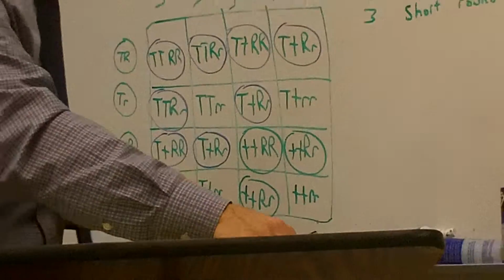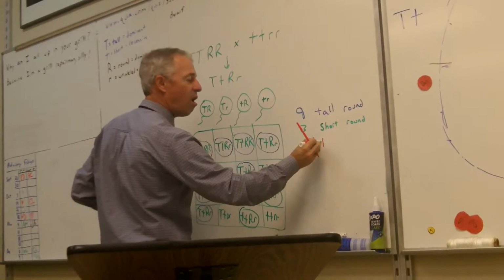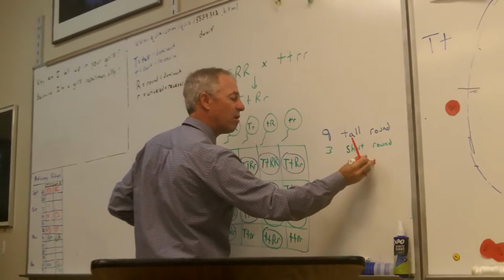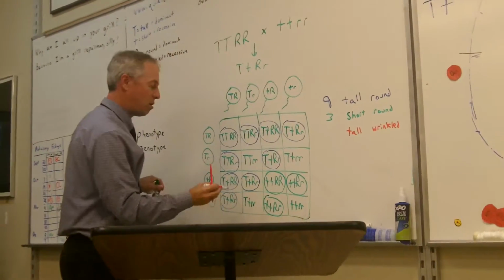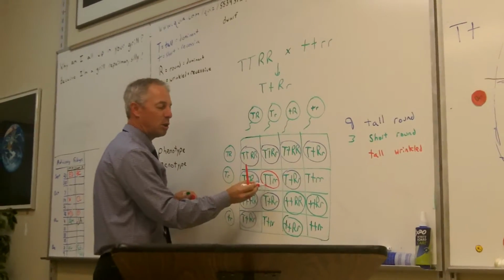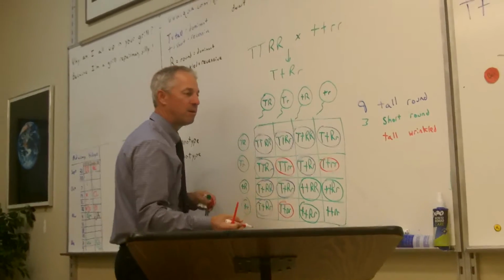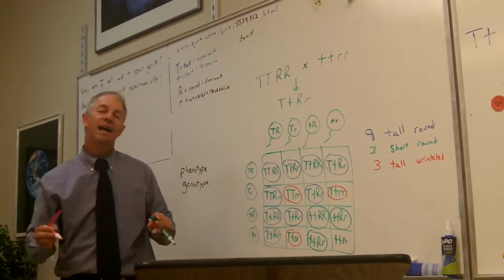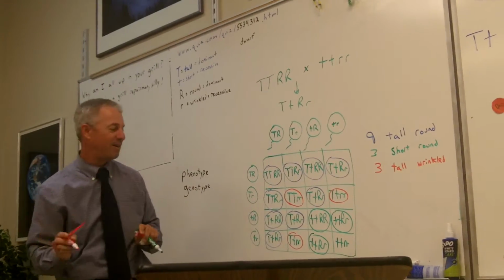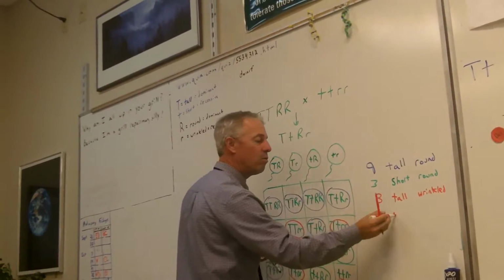How many tall wrinkled? 3. 3 tall wrinkled. How many short wrinkled? 1. 1 short wrinkled.